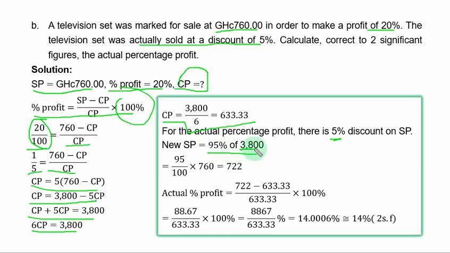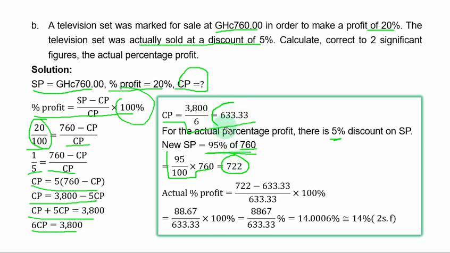That is 760, not 3,800. So let us get this value. That is 95 over 100 times 760, and that is 722 Ghana cedi, the actual selling price.